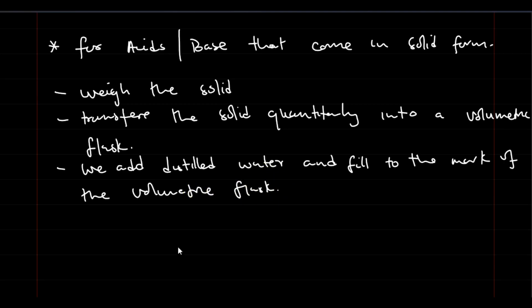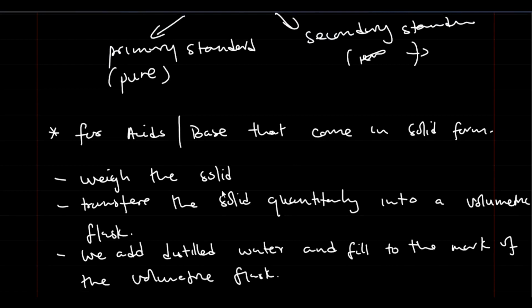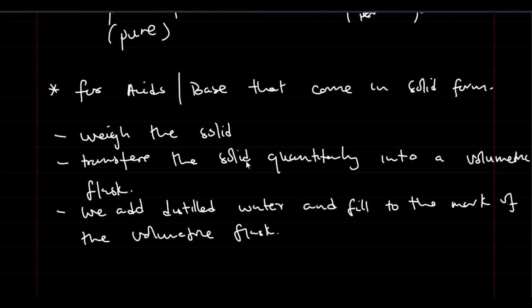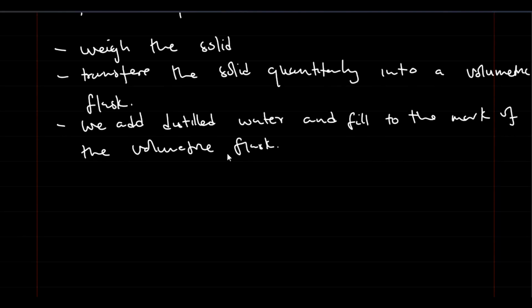So now there are conditions for preparing a standard solution, right? So here what I'm talking about, I will draw just schematic diagrams to show what I'm talking about, although you will see it in the description.